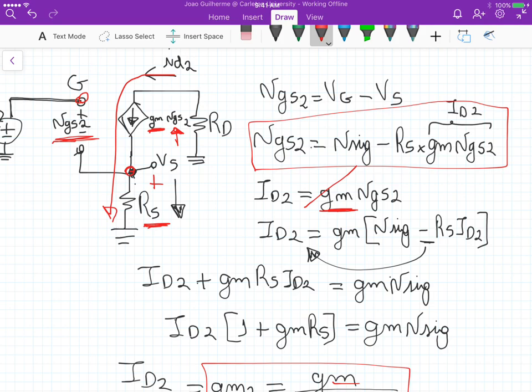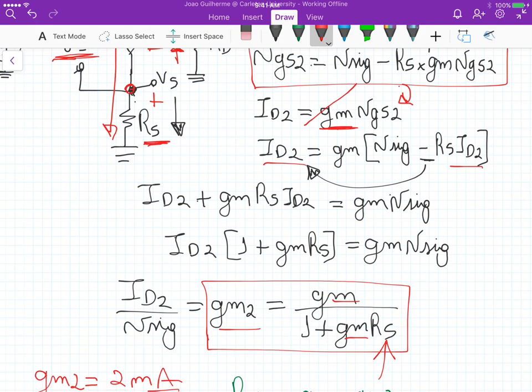If we substitute the equation for VGS2 into the equation for ID2, we get ID2 in common, and we can isolate ID2 over the signal voltage, which is the effective transconductance that we perceive once we insert this source resistance.